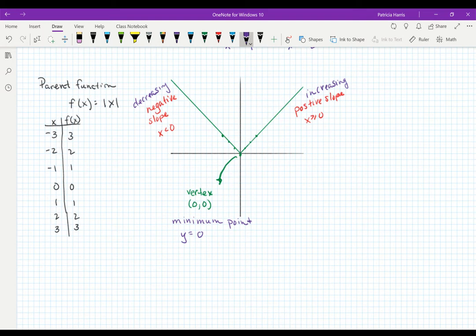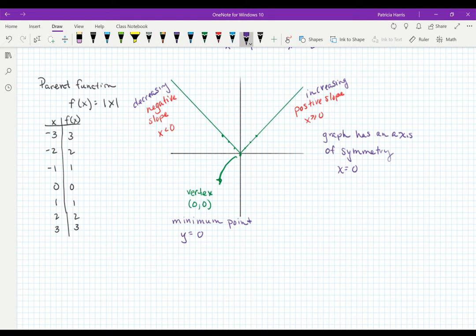Okay, so that is my parent function. This graph has symmetry. Like that. Okay, so there's a lot going on here, even though it's just a simple V.